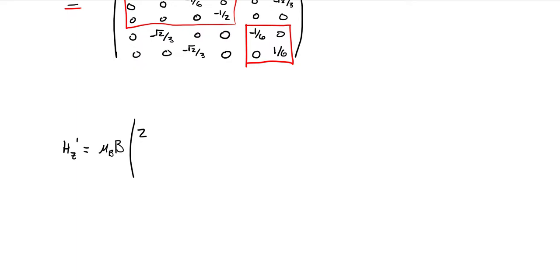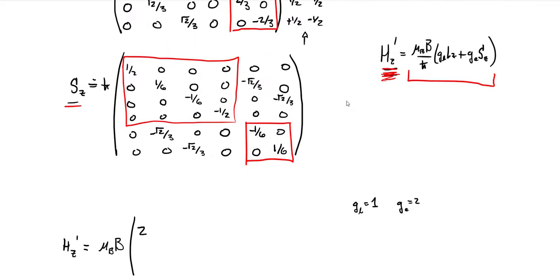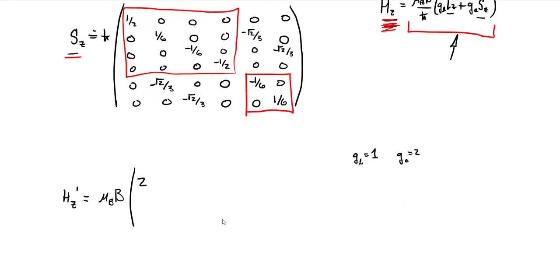When we add those together, taking into account that g_L, if you recall, is just 1 and g_S is equal to 2, plugging that value in and using these two matrices that we just figured out, and adding them together, we get 0, 0, 0, 0, 2/3, 0, 0, 0, 0, -2/3, 0, and then -2 on the bottom, right?